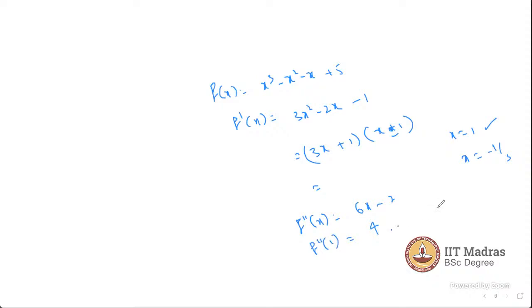Since f double dash of x is greater than 0, and f dash of x is equal to 0, let's say this point is x1. If f double dash of x1 is greater than 0 and f dash of x1 is equal to 0, then at the point x1 there will be a minimum. Clear? Yes, sir.